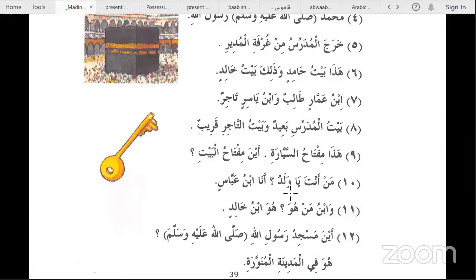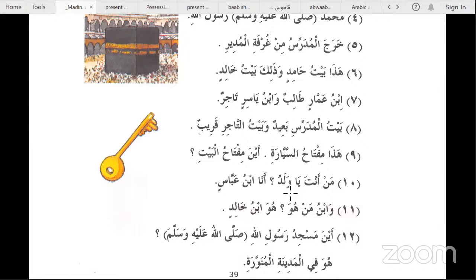Man anta ya walad. Oh boy, who are you? Ana ibn Abbasin. I am the son of Abbas. Wabno man huwa. And who is this? Huwa ibn Khalidin. And he is the son of Khalid.